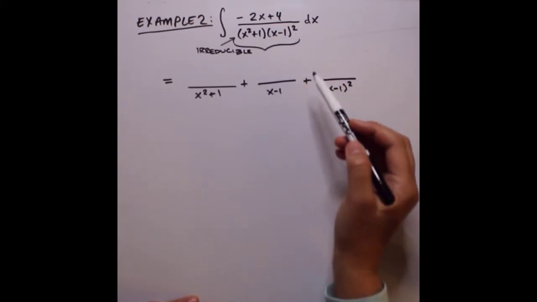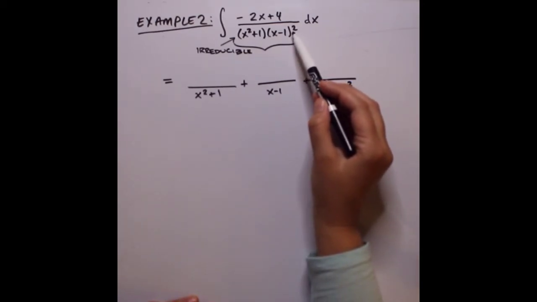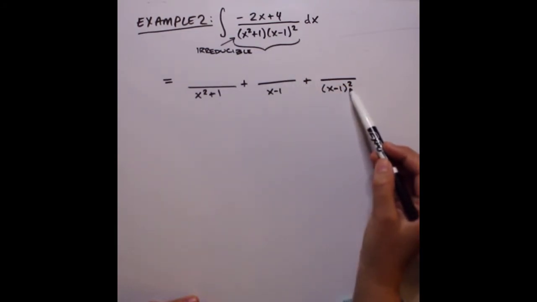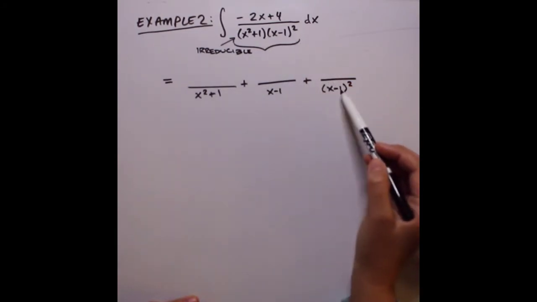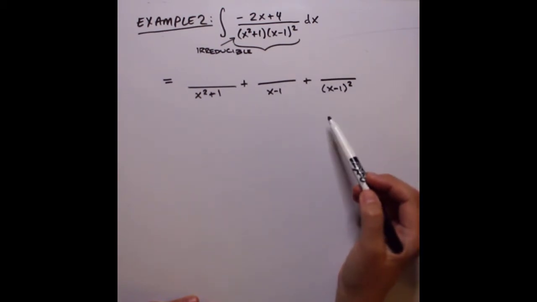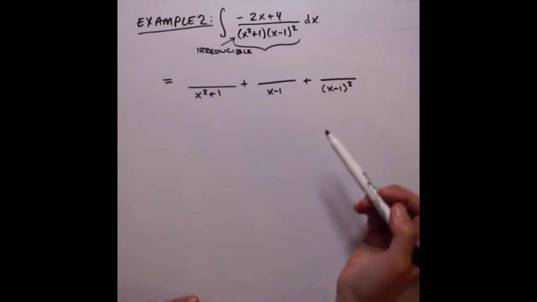So the fact that it's repeated twice, you have this quantity squared, you need to write it once and then write it again squared. If this was to the third power, we'd have another term with x minus 1 to the third power, and that would be our fourth term here.